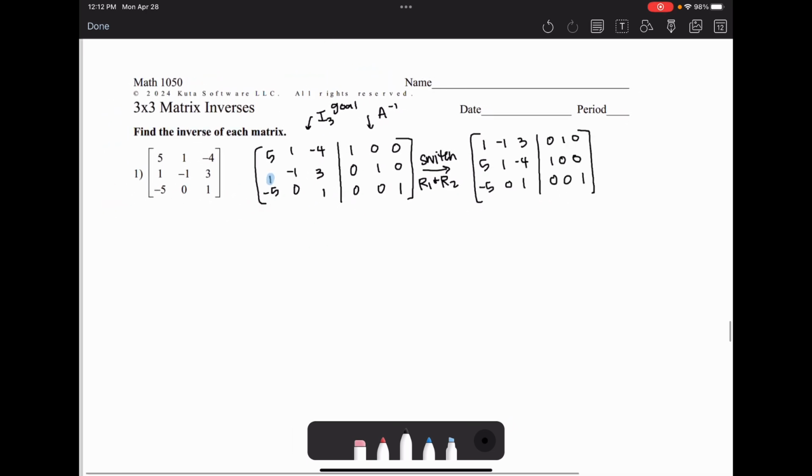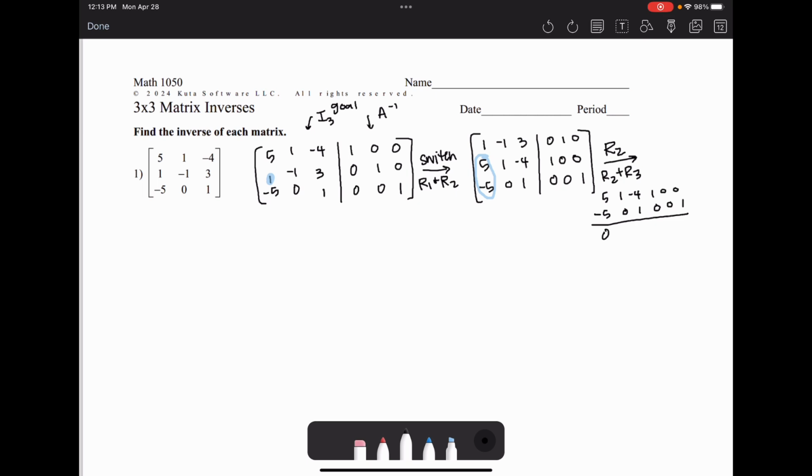Okay, next, if we add those together, that would be 0. That would be really nice. So my new row 2 is going to be row 2 plus row 3. I'll write this up here first. 5, 1, -4, 1, 0, 0, and then -5, 0, 1, 0, 0, 1.